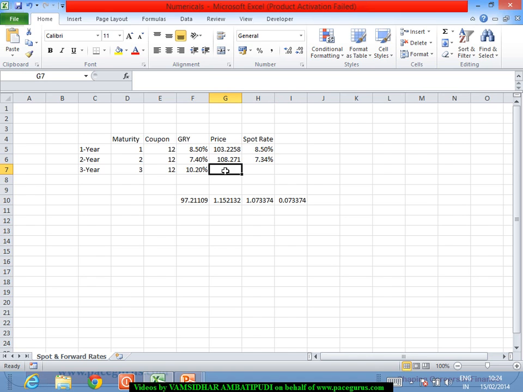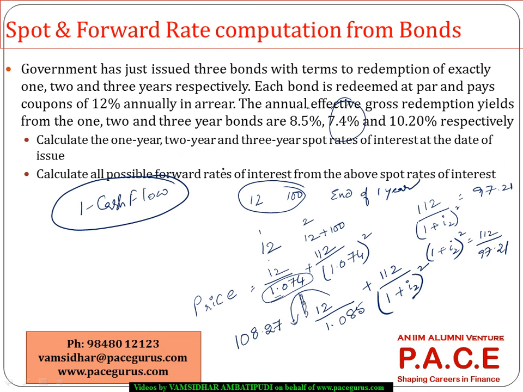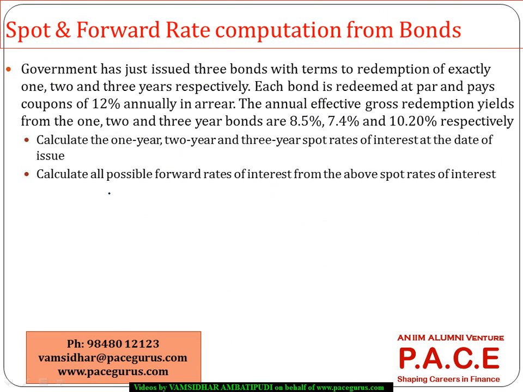The same logic we should do for a 3-year bond so that we get a comfort level in terms of practice. The cash flows for a 3-year bond are 12, 12 and 112. All these 3 years I will discount by 1.102, which is the gross redemption yield for all these periods, to determine the price.